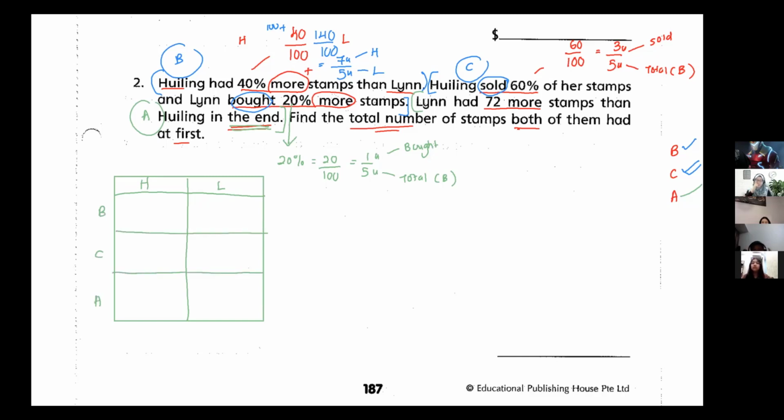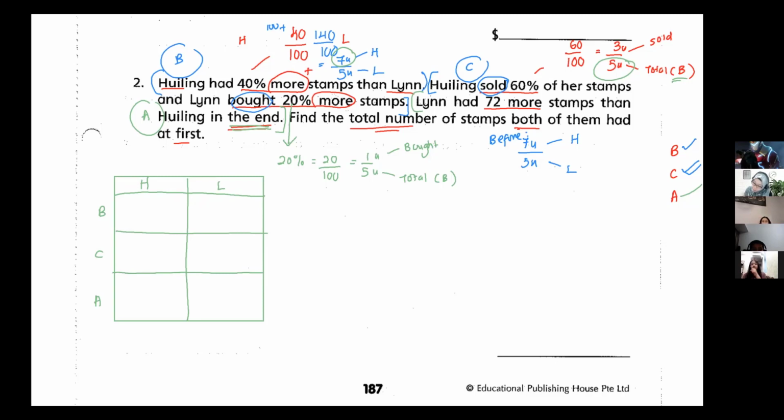Okay, now we're going to fill up Hui Ling before and Hui Ling after. If you look at Hui Ling, this is our before, 7 units. Now we look at Lin again. Lin's before we know just now is 5 units. So if we rewrite all the information, we have 7 units over 5 units. This is Hui Ling, this is Lin. This is before, right?